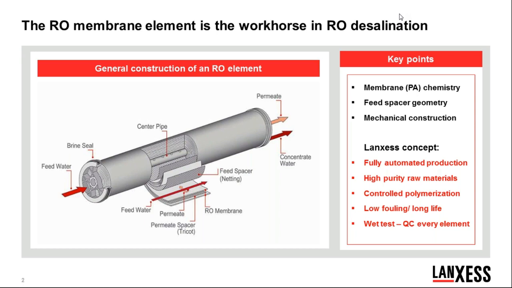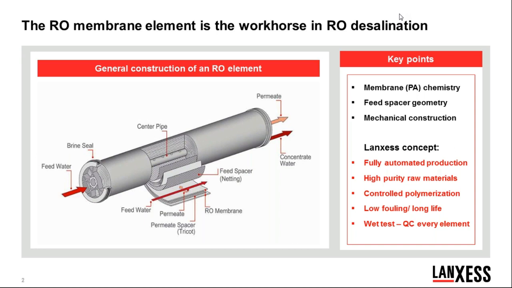When Lanxess decided to enter this marketplace, we had a couple of fundamental concepts to differentiate our product line. And of course, the first is pretty much obvious. You cannot play in this space unless you have modern and fully automated production equipment, and you pay high attention to the purity of the chemicals.